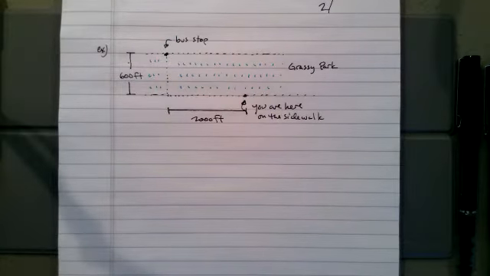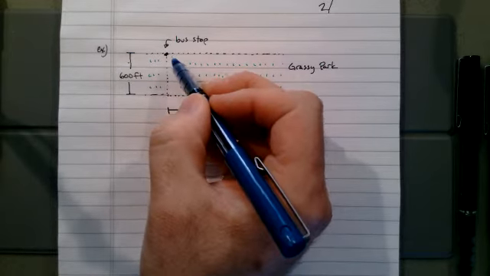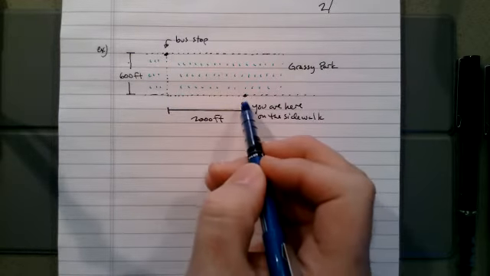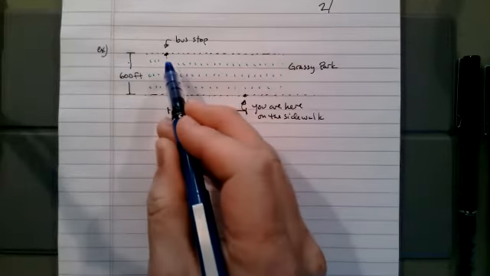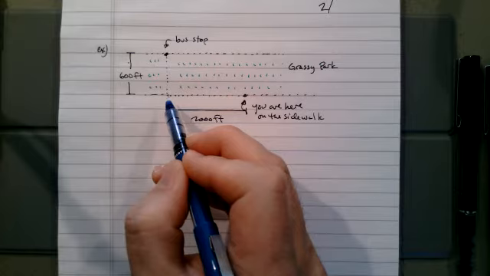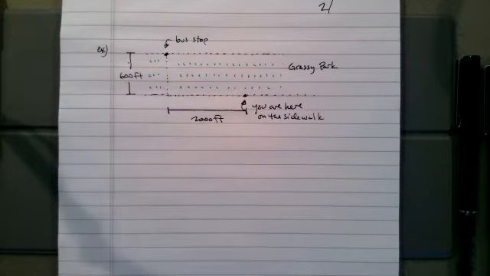Now, the shortest distance to the bus stop would be to walk directly across the park. That would be the shortest distance. But here's the difficulty. We can travel faster along the sidewalk than we can through the grass in the park. Our speed is higher along the sidewalk than it's going to be through the grass.